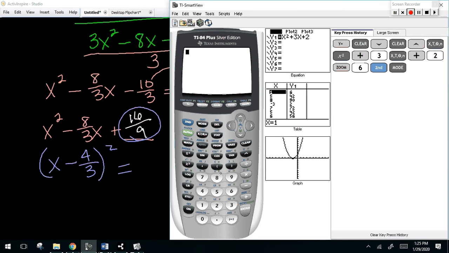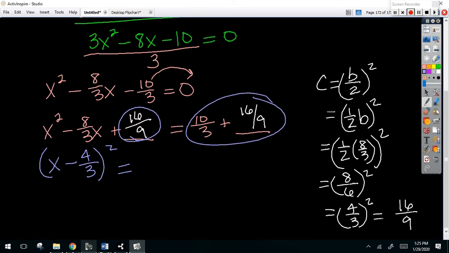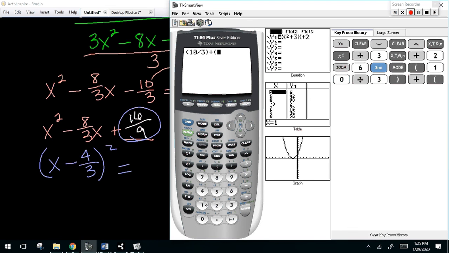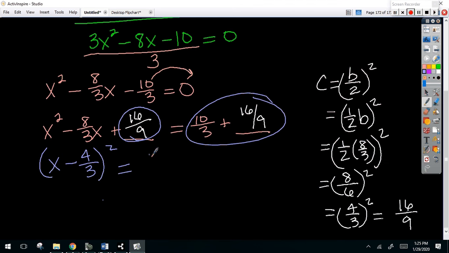We do 10 divided by 3 plus, what was it? 16 divided by 9. And I need it back in a fraction. So I hit math, enter, enter. Ooh, child, aren't you glad you didn't do that by hand? 46 over 9.